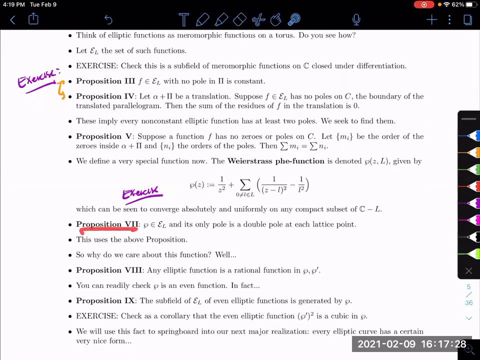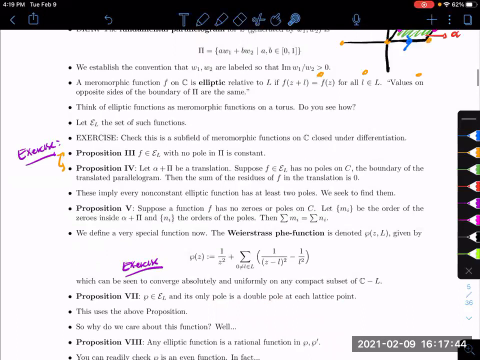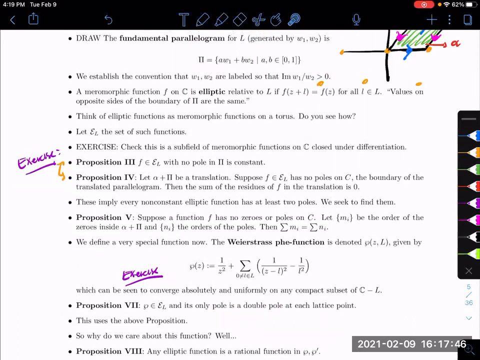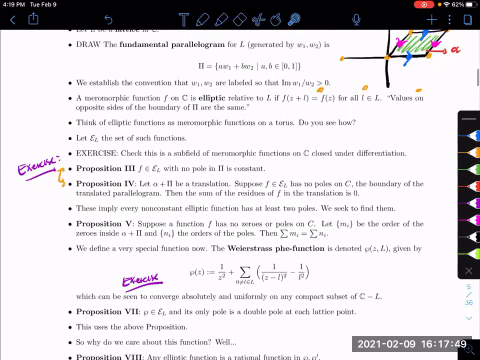And so, proposition: not only is the Weierstrass phi function actually an elliptic function, but it has only one double pole, and that pole is at each lattice point. So if we imagine the fundamental parallelogram as a torus, what is that saying? That the phi function is an elliptic function with one double pole.